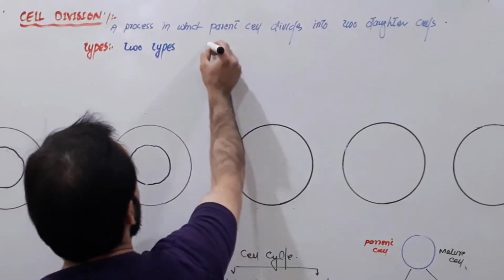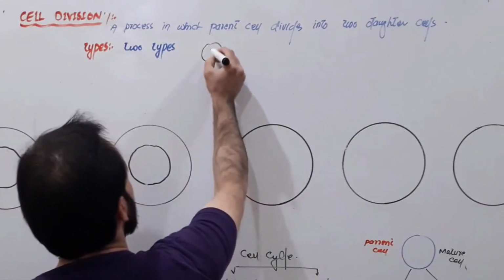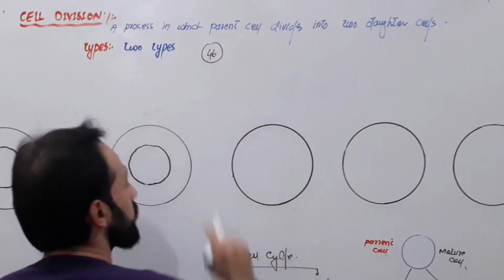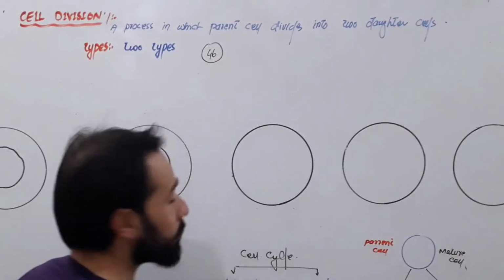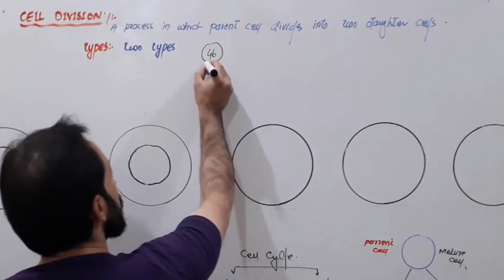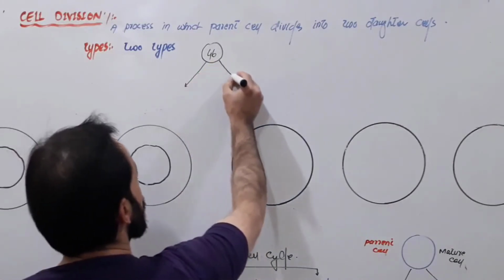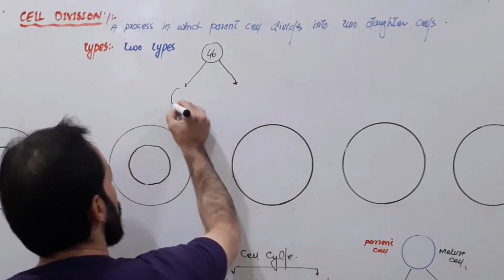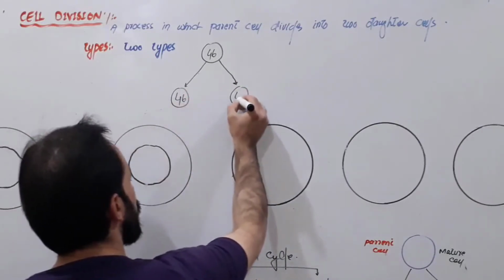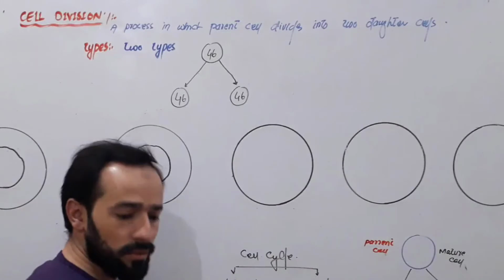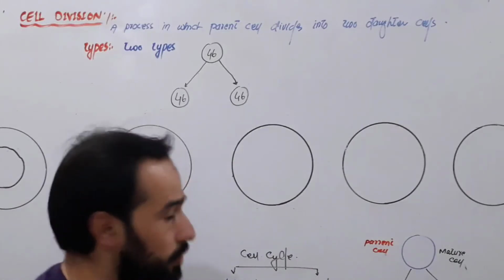Look here, friends, here is a cell, and this cell contains 46 chromosomes, if we are talking about the human cell. And this cell is going to divide into two such cells that both of them receive the same number of chromosomes.